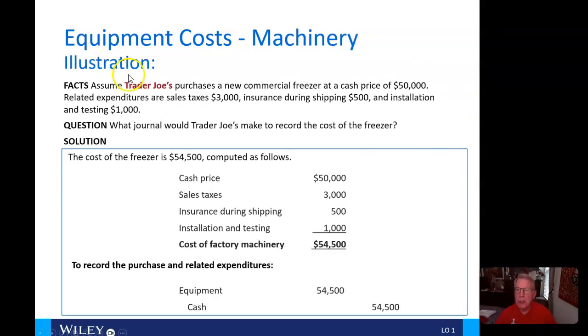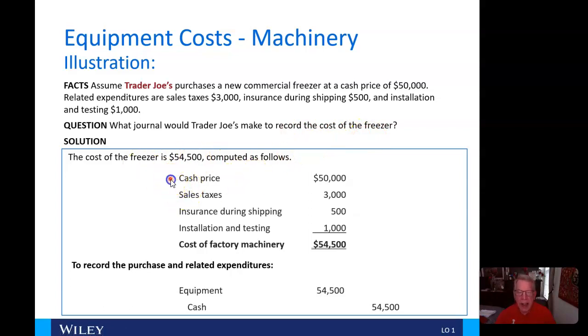Now let's look at some machinery. Assume that they purchase a new commercial freezer at a cash price of $50,000. Related expenditures are sales taxes for $3,000, insurance during shipping, $500, and installation and testing, $1,000. What journal entry would Trader Joe's make to record the cost of the freezer?